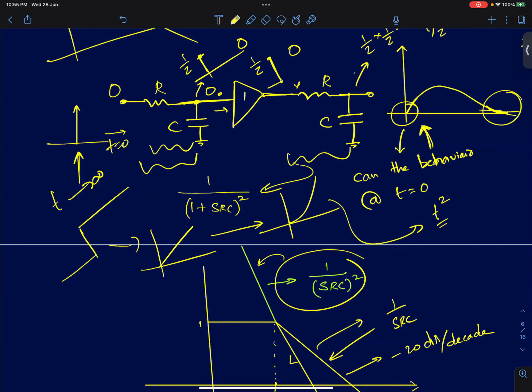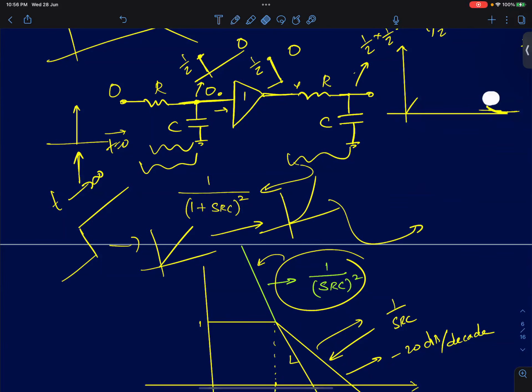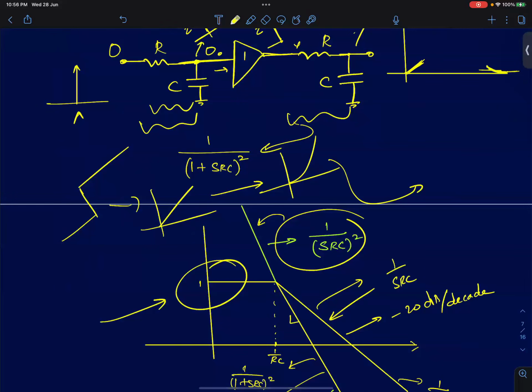If I feed a step input to the system, let's not worry about the exact response. At t equal to 0, I should expect a parabolic output. And what happens in the steady state? In the steady state, the DC gain of the system is still 1. You look at this graph, it's still 1.